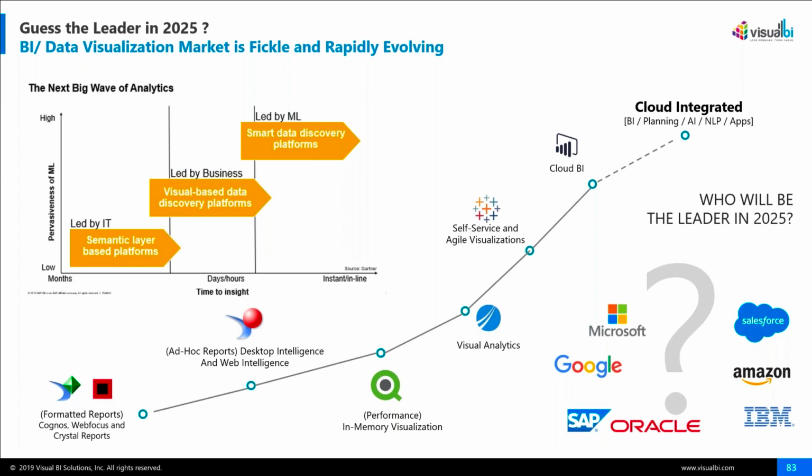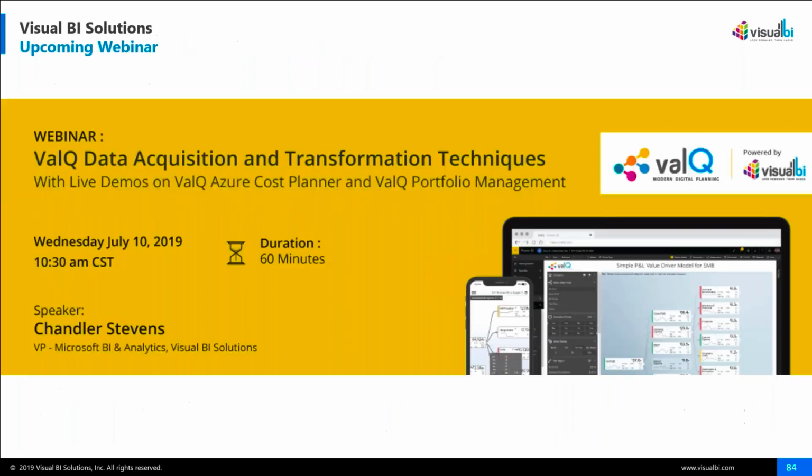So it's going to be a guess, but I'm sure Microsoft, Salesforce, Google, I don't know about Amazon, these big platform players are going to be the clear contenders. And SAP, Oracle, and IBM are also trying to provide an integrated analytics experience in the cloud. If I have to make a guess, it's going to be one of the seven. That's just my take on it.